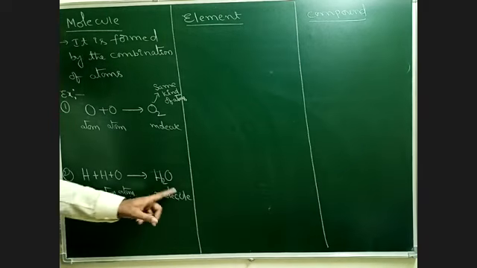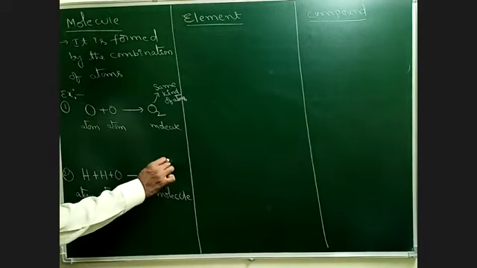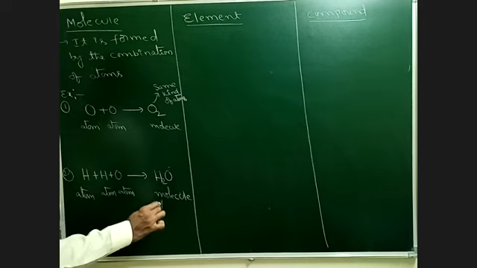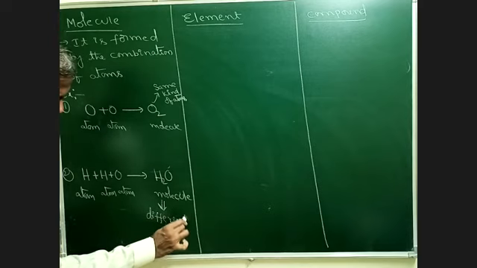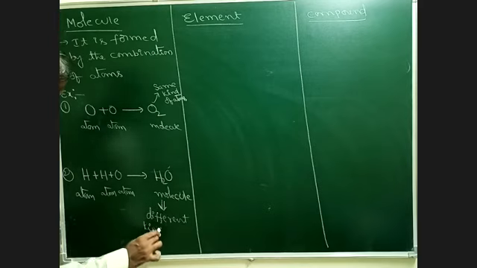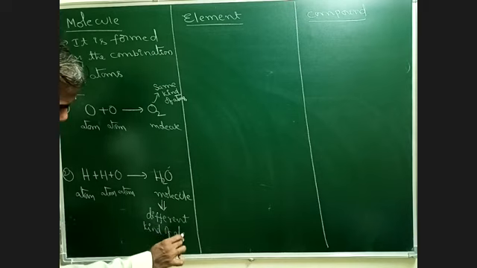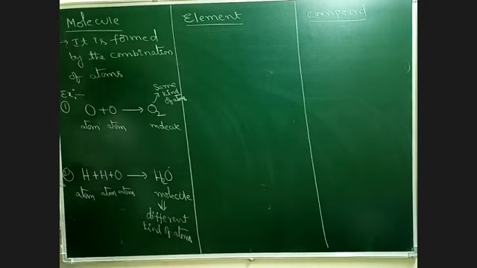Here different types of atoms. I can write here: molecule with a different kind of atoms. Here, same kind of atoms.